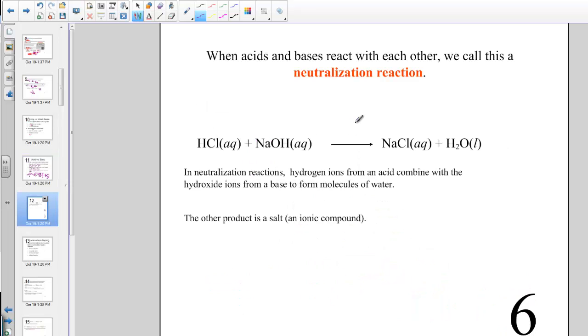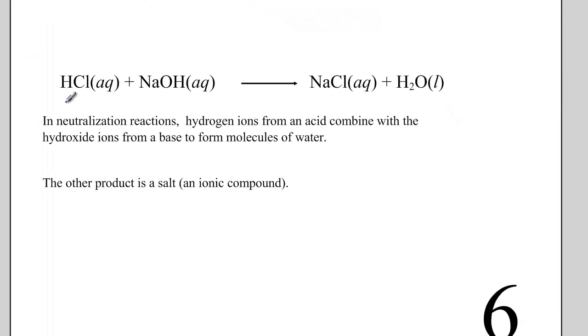When an acid reacts with a base, they neutralize one another. It's called a neutralization reaction. The pattern of chemistry says when an acid reacts with a base, H goes to OH, Na goes to Cl. They neutralize one another by forming a salt.